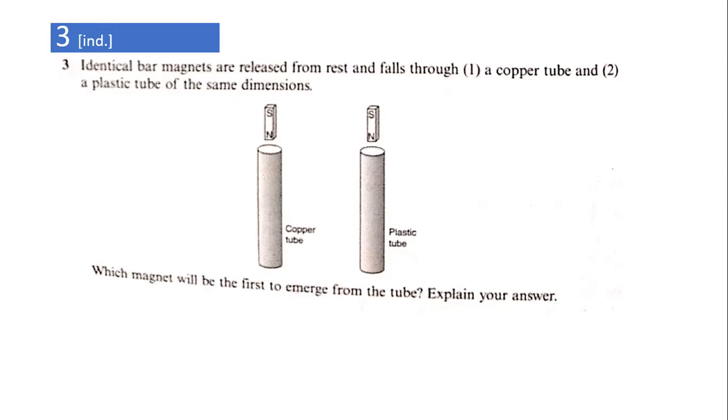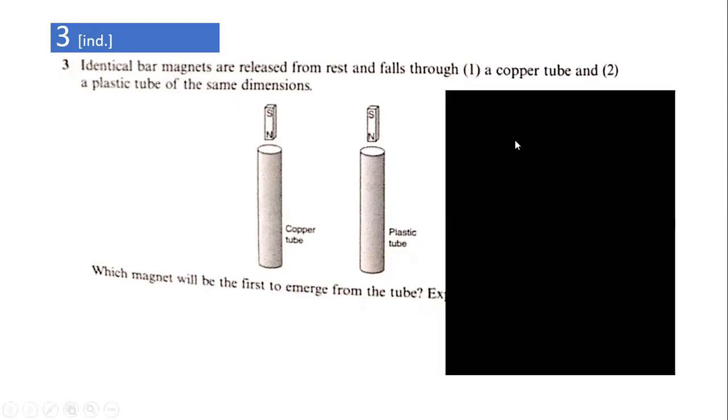Nothing to do with what has to do with metallic. It will come out in copper first. Right? Magnet in plastic tube emerge first.